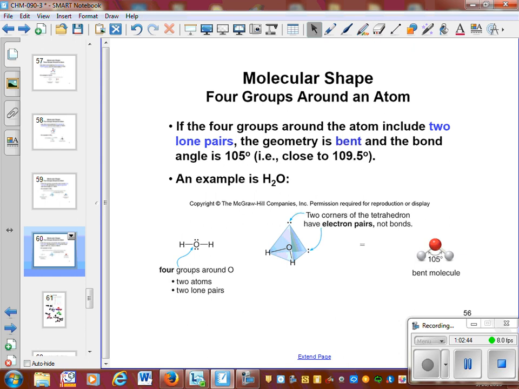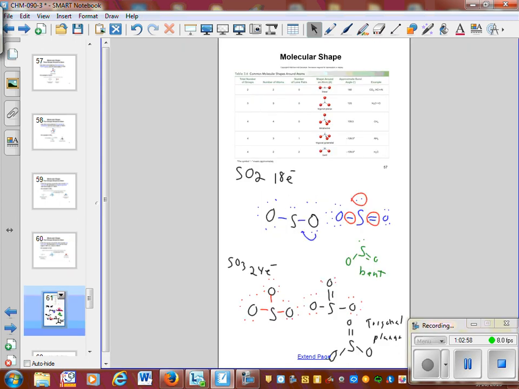All right. There's a table in your book. If you have 2 groups around the central atom, and an atom attached to each group, it's linear. If you have 3 groups with 3 atoms, no lone pairs, it's trigonal planar.